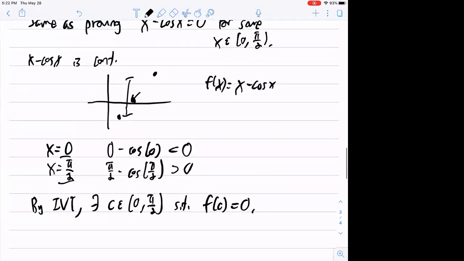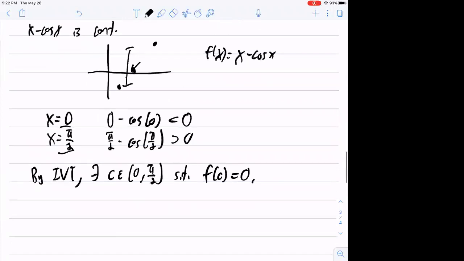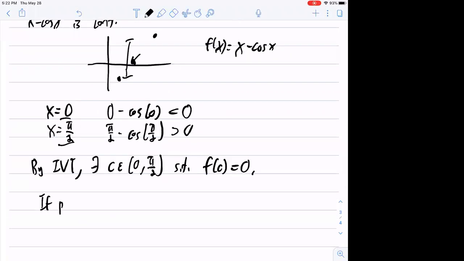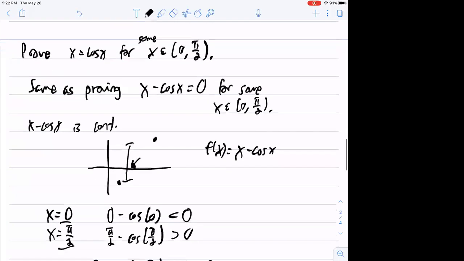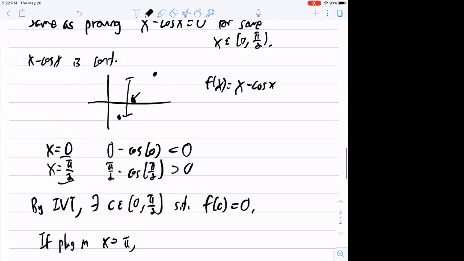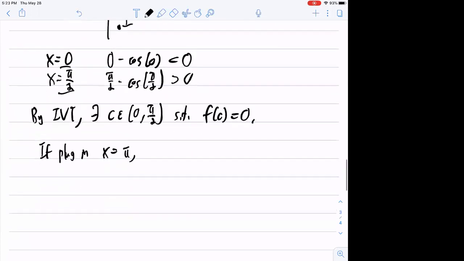Because if you plugged in x equals pi, I guess in this case it doesn't really work, but basically what I'm saying is, it's like increasing, but you get what I mean, right?